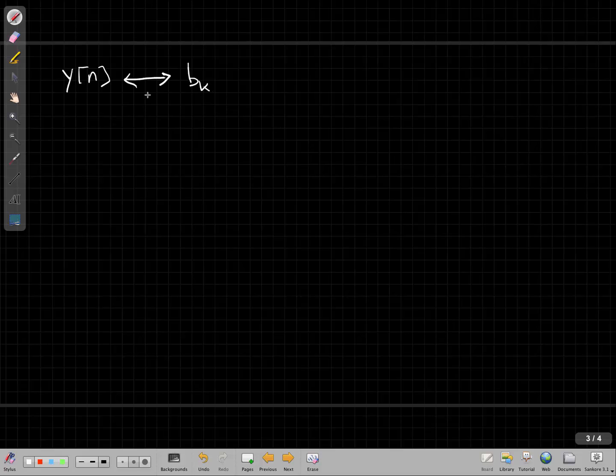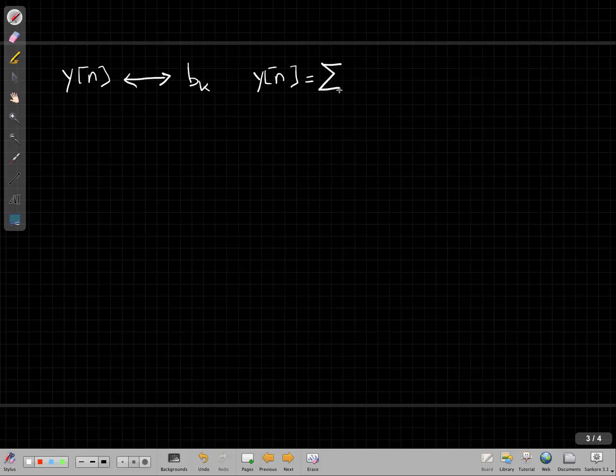Remember, this is not an equal sign, as we discussed before. It means there's a correspondence: this is the signal in the time domain, this is its representation in Fourier series. Another way of saying this is that the Fourier analysis and synthesis equations hold.